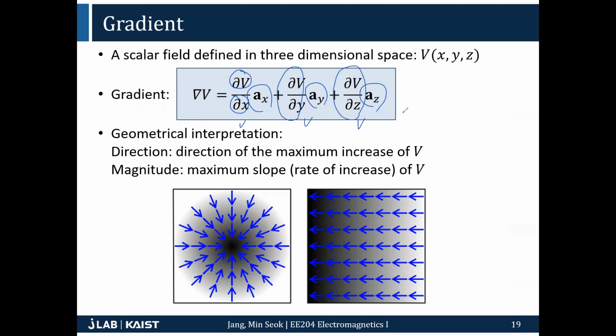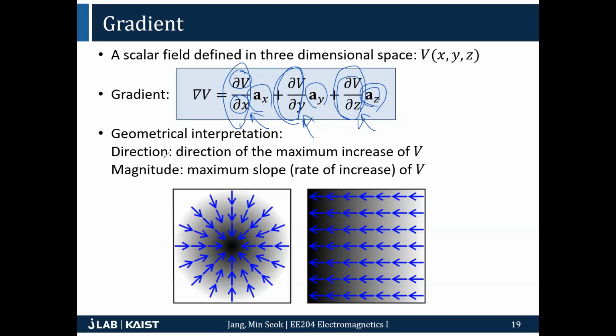So this basically tells you that if you go along x direction, this is your slope. If you go along y direction, this is your slope. And if you go along z direction, this is your slope, right? So in that sense, gradient defines slope in a multidimensional setting, right?